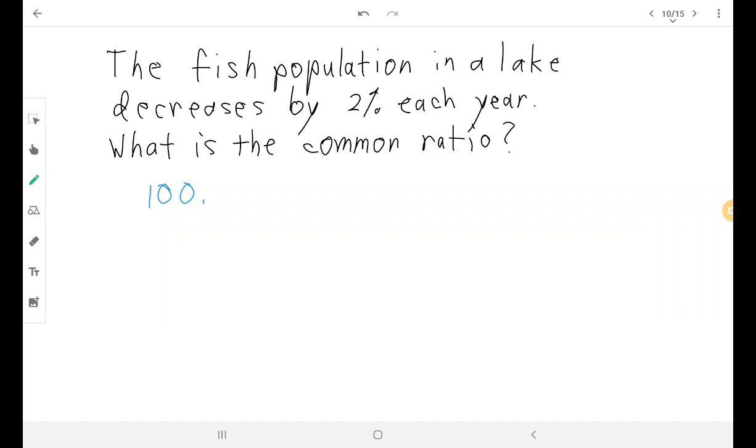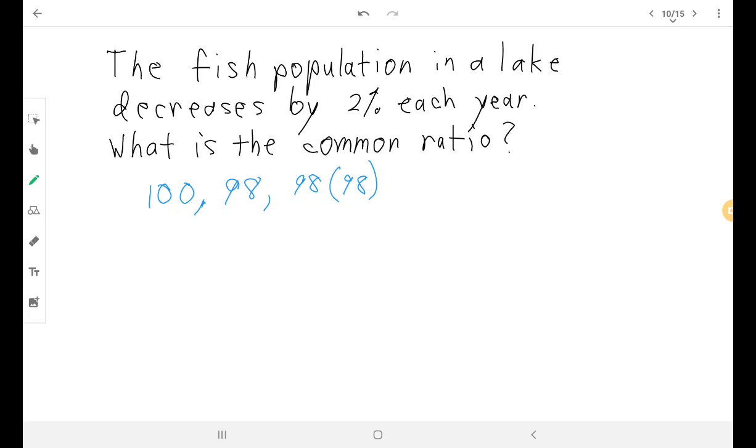If I started with 100 of them, or 100% of them, or however you want to think of it, and I decrease by 2%, what is that? Well, that's 98%, right? And then I would be doing 98% of that 98, right? And then I'd get an answer for that and take 98% of that and over again.